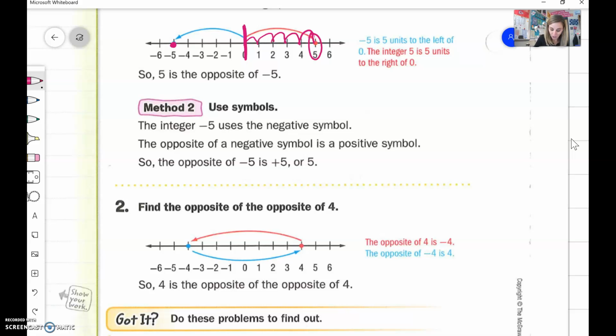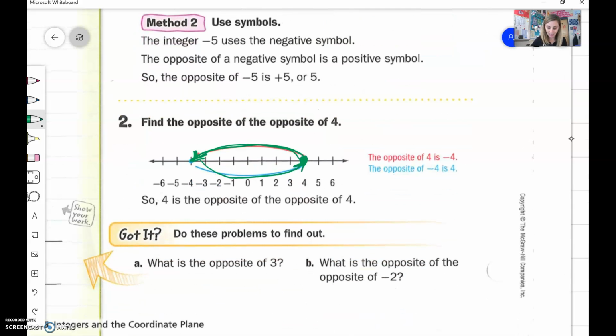You are starting at 4, and the opposite of 4 is negative 4. But the opposite of that takes us back to positive 4.